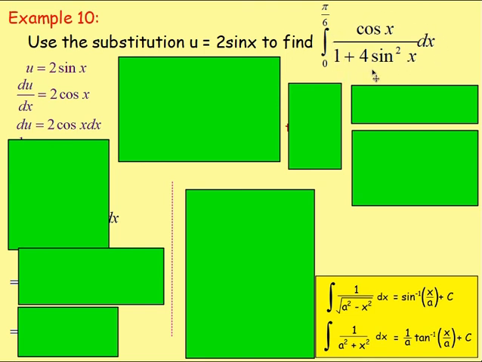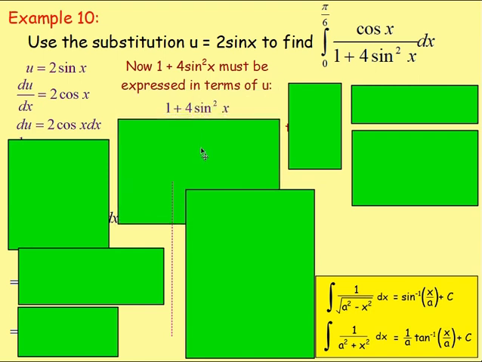To write it in terms of u, I need to think about the best way to do that. I've got this 1 plus 4 sine squared at the bottom. What you need to recognize is that 2 squared gives you 4, and if you square sine, you get sine squared.